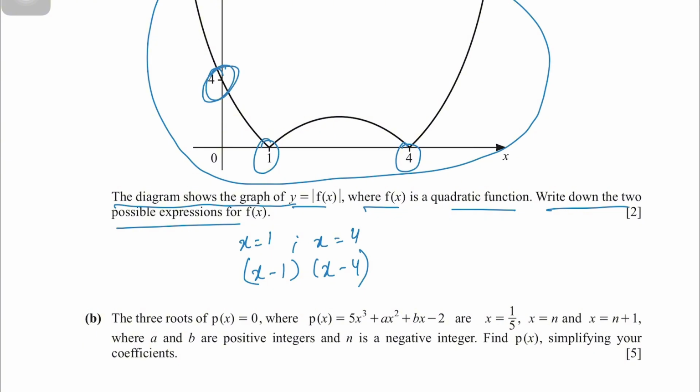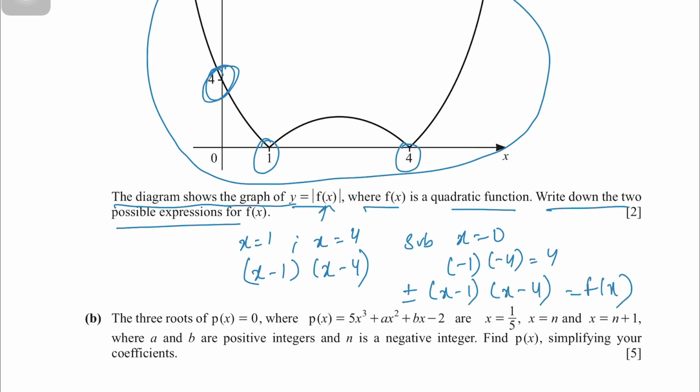If we substitute x as 0, we get negative 1 and negative 4. So our answer matches simply. So it can be either positive or negative (x minus 1)(x minus 4) as our f of x, since the modulus is already applied. It can be negative or it can be positive. So this is our final answer.